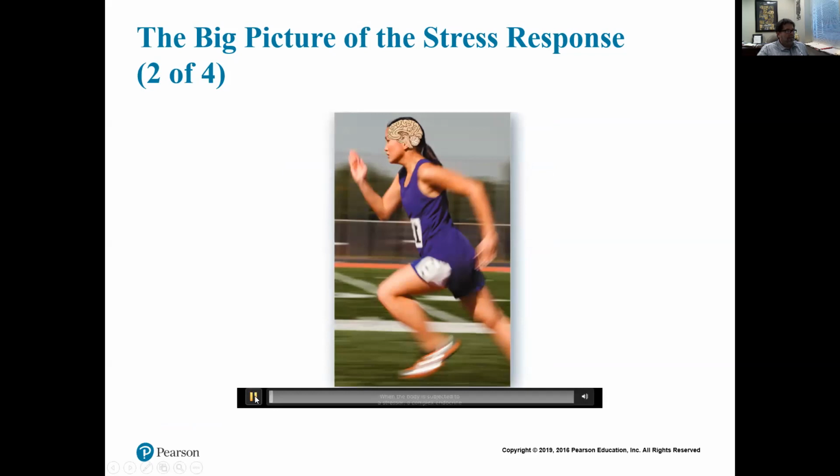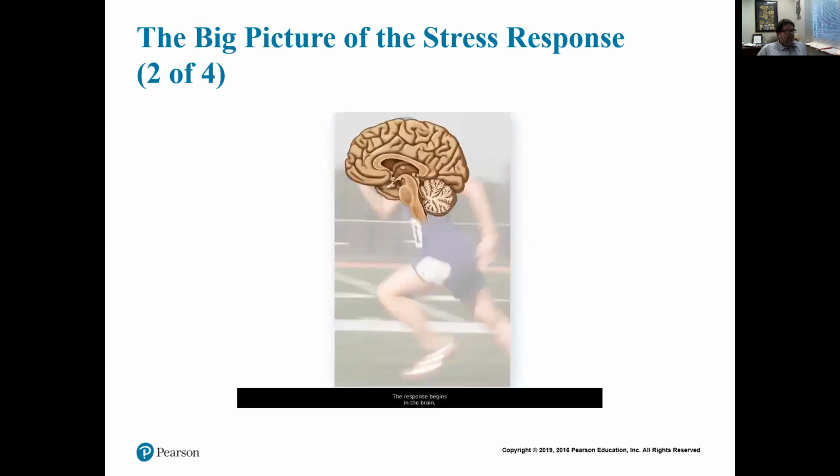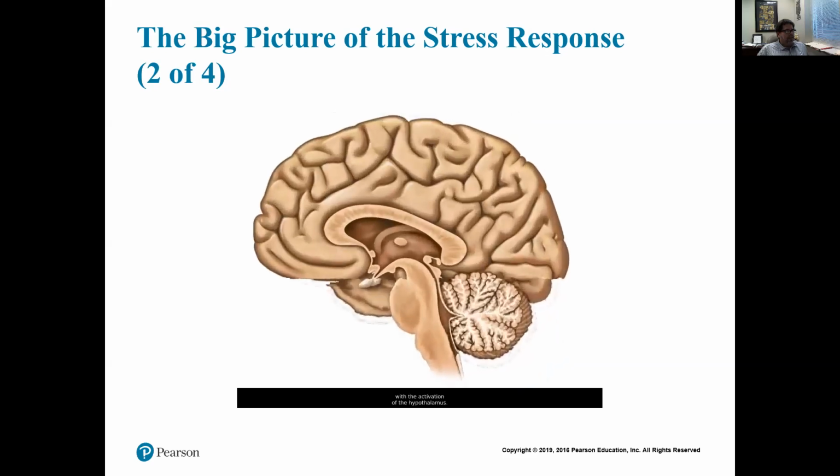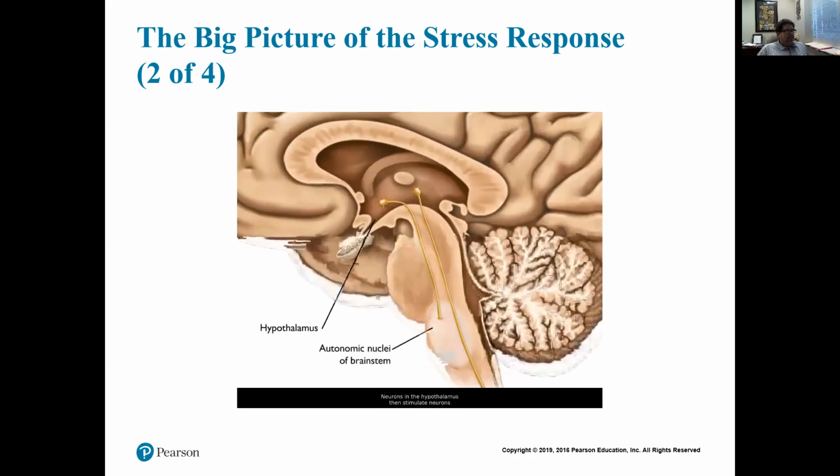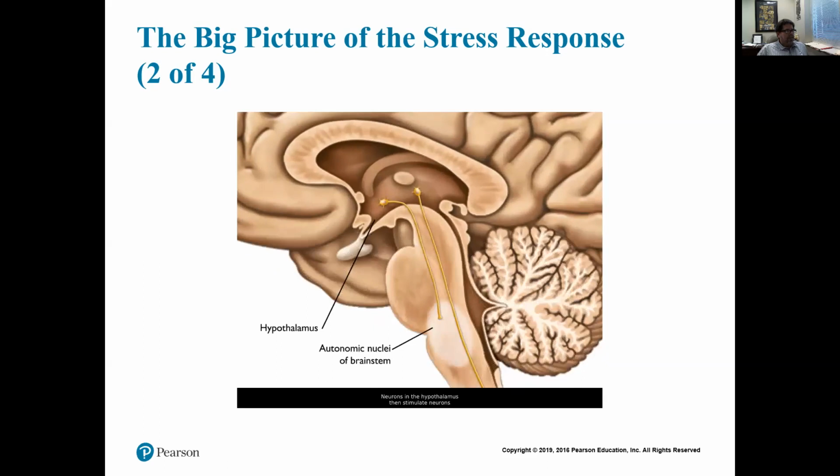When the body is subjected to a stressor, a complex endocrine and neural response takes place to ensure survival and maintain homeostasis. Stress can be physical, like exercise, or emotional, like fear. The response begins in the brain with the activation of the hypothalamus. Neurons in the hypothalamus then stimulate neurons of the sympathetic nervous system located in the brainstem.